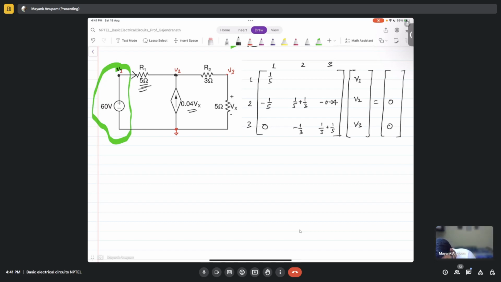Minus 1 over 5 at this node, correct? 0, and this will be 60. How did you get 60?